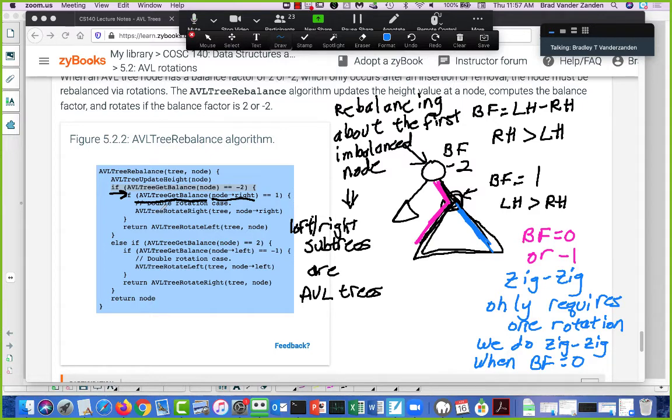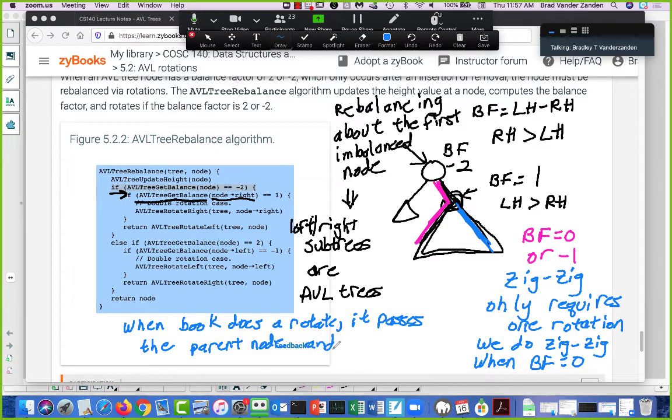So we start by doing a right rotate about node right. And remember when the book does a rotate, it passes the parent node and rotates about the parent's child.